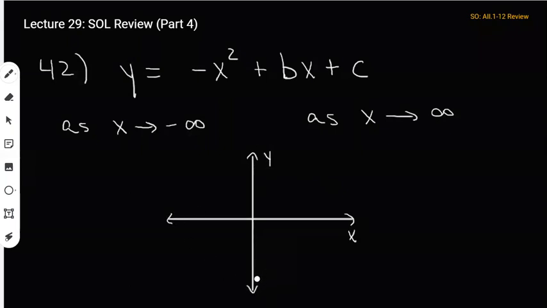If I was to graph this, we know that the highest exponent is going to be 2. So the graph is going to have a U shape to it. Now, the graph is going to open upside down, and that's because the leading coefficient up here is negative. There's a -1 in front of this x squared. So my graph is going to look somewhat like this. It's going to have an upside down U shape.